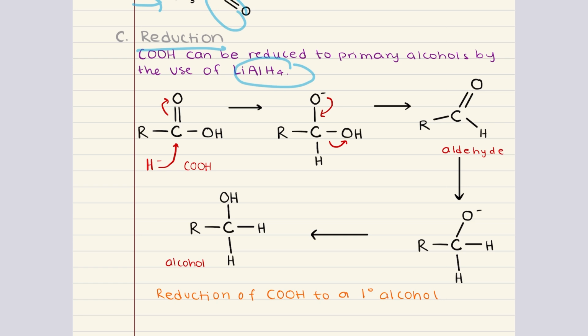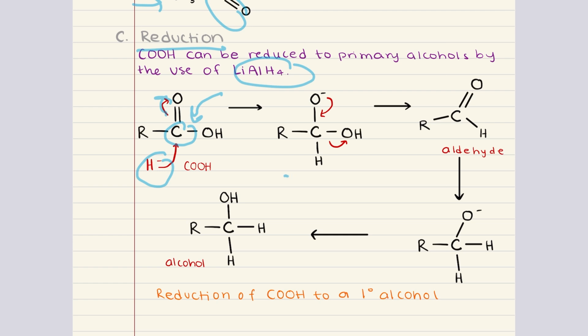We start with the carboxylic acid, where the carbonyl carbon is highly electrophilic. The first step involves attack by a hydride ion. This is a hydrogen atom carrying an extra electron, and it's provided by the lithium aluminum hydride reagent. The hydride attacks the carbonyl carbon, and that pushes electrons up onto the oxygen atom, and it breaks the double bond temporarily.